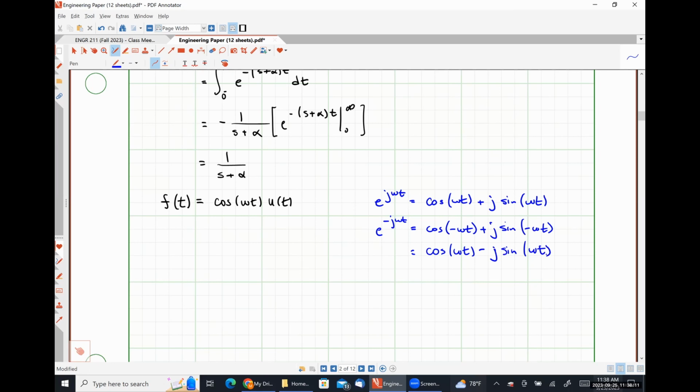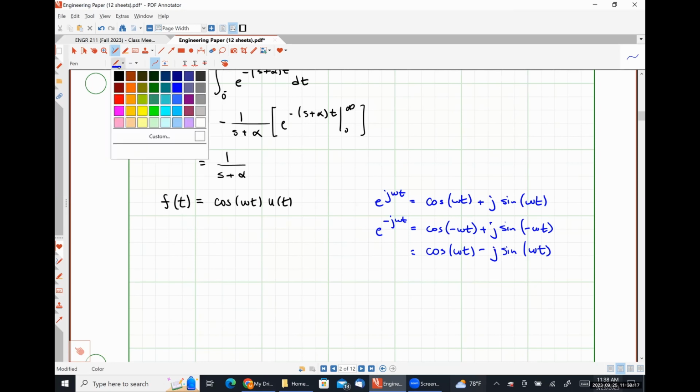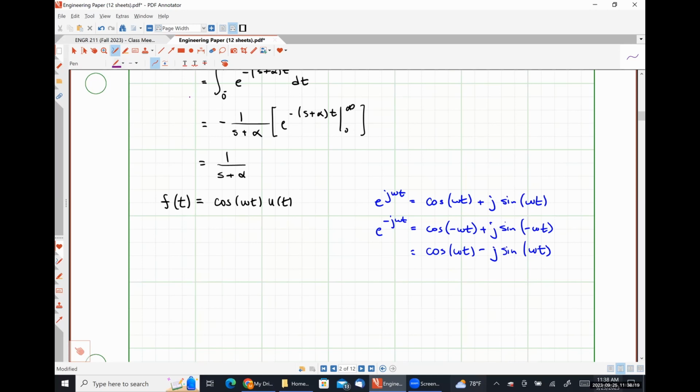So if I add these together, what I wind up getting is e to the j omega t plus e to the negative j omega t is equal to twice cosine omega t.